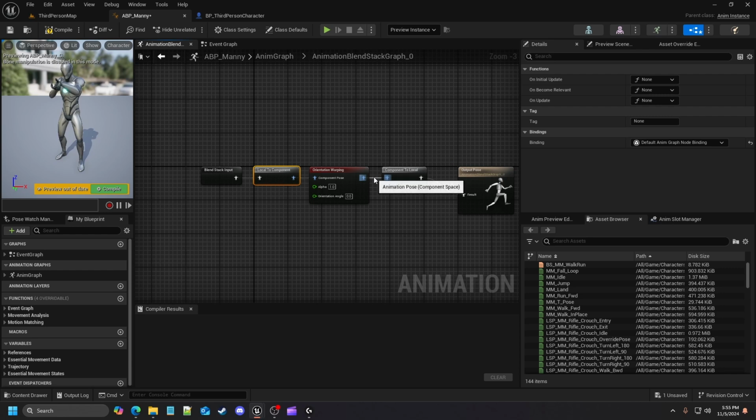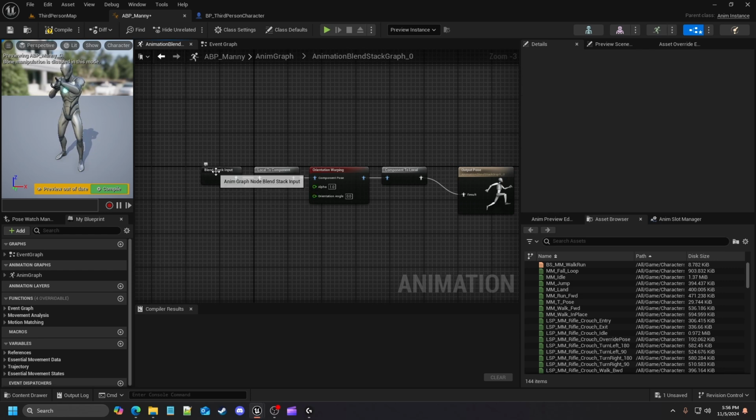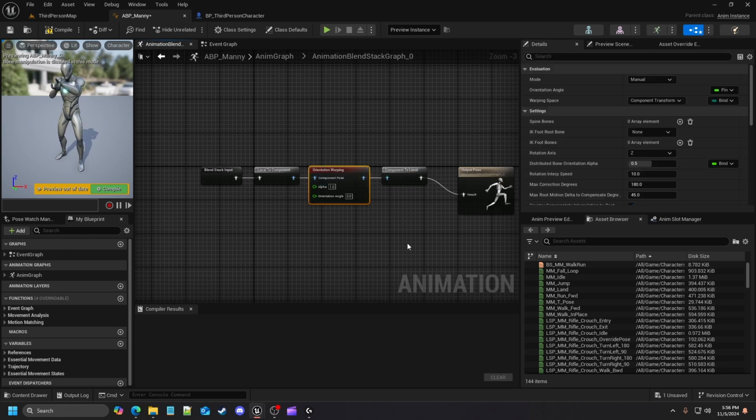This transformation is necessary after making whatever adjustments in the component space, preparing the data for the final output in the character's local coordinate system. In a better explanation, it's taking it from the world into our character's components, making the modification, and then going from the character's components back out into the world, so you can see the proper animations played out in world space. That is essentially what that's doing there.